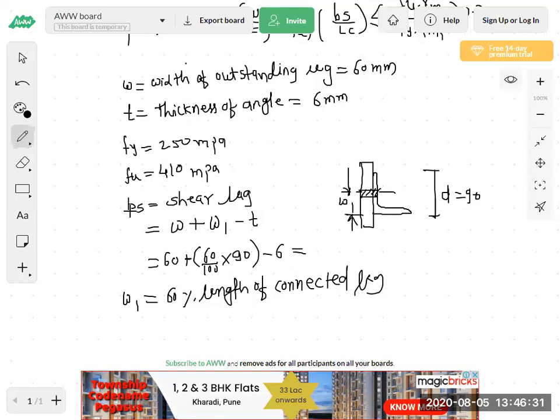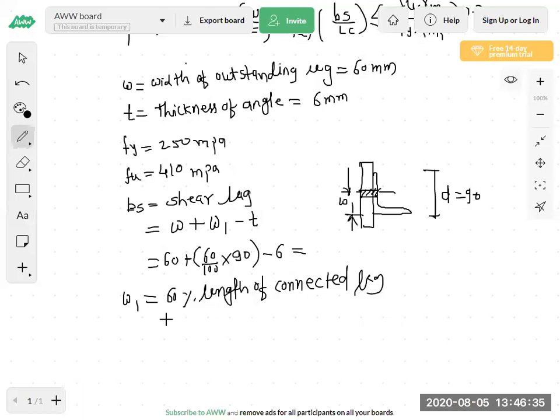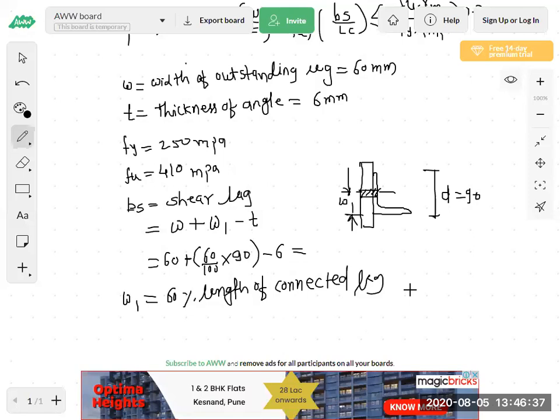So what is BS? Are you getting this calculation? Please, everyone. If you don't understand, tell me, because this is a very important step.